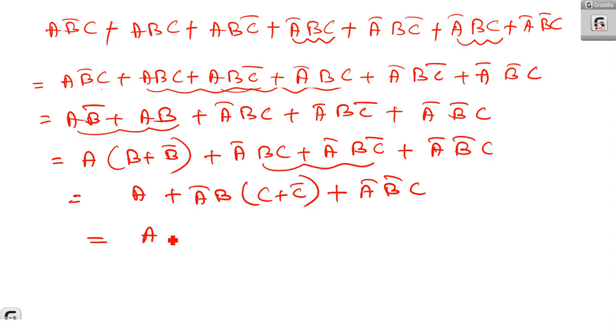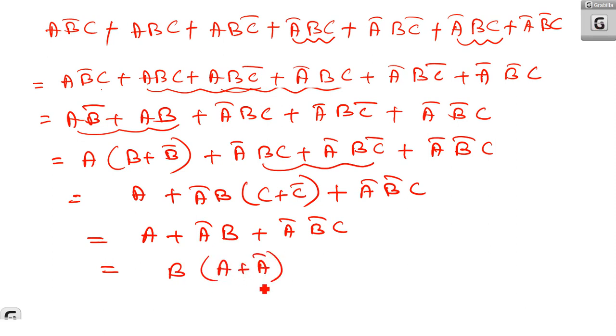So you will get A or A bar B, or A bar B bar C. From these two terms what can I take? B into A or A bar, or A bar B bar C. A or A bar is 1. So you will get B or A bar B bar C.